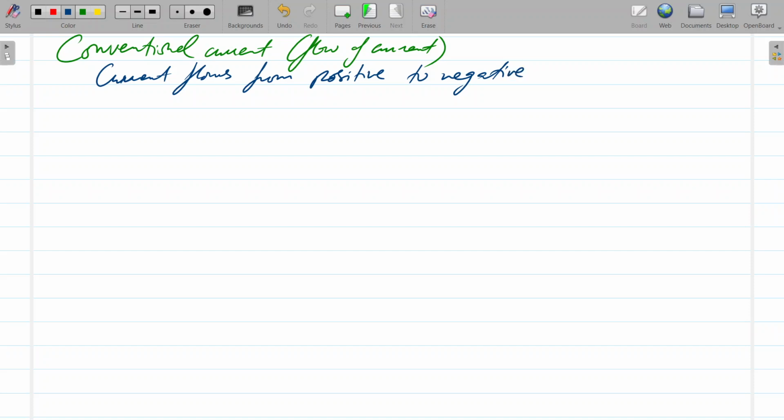Just like from the north to the south pole in magnets, current goes from positive to negative. So that makes sense. But the electrons flow in the opposite direction.